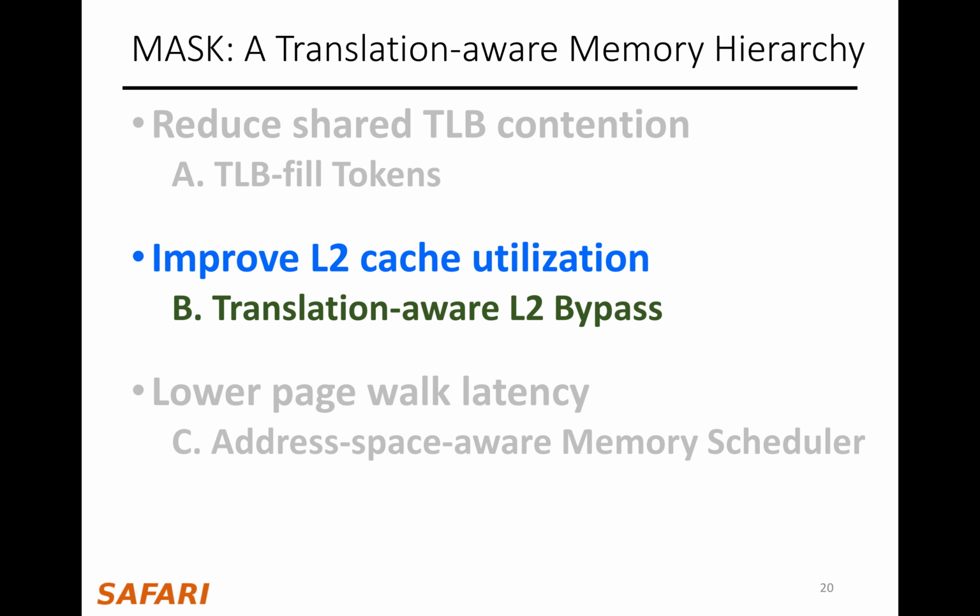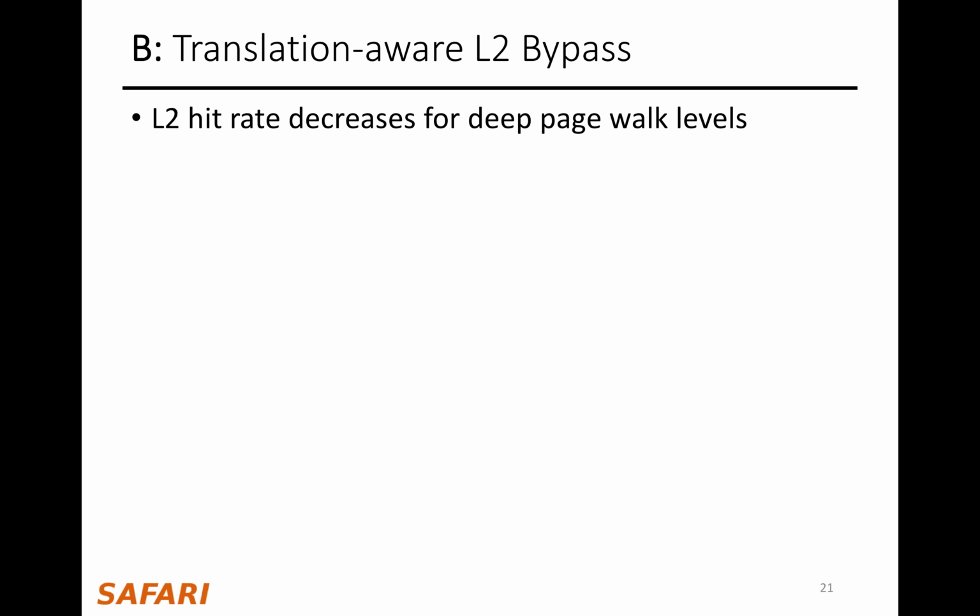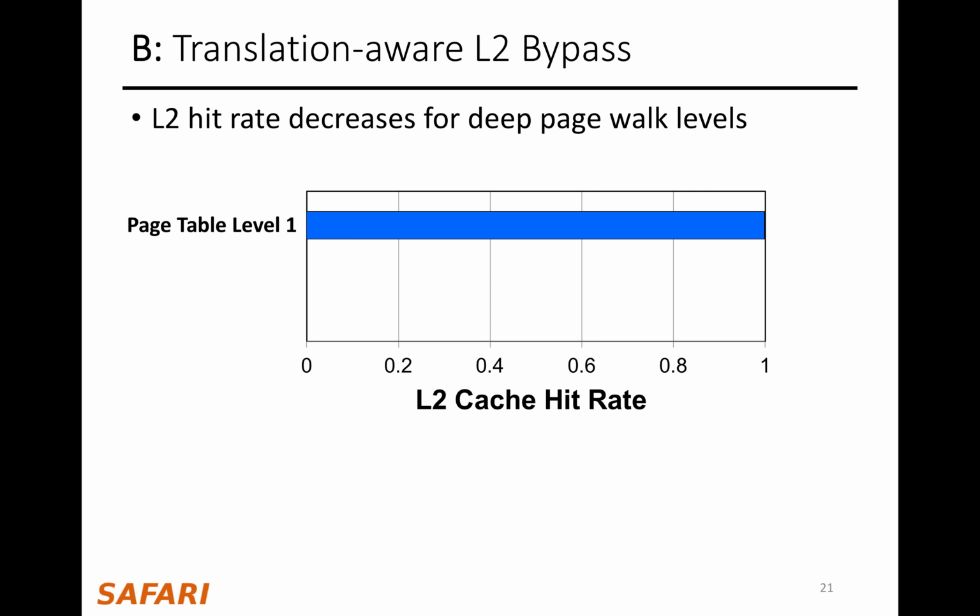The second component of MASK is called the translation-aware L2 bypass, which is designed to improve the L2 cache utilization. In order to design the translation-aware L2 bypass mechanism, we first look at how the L2 hit rate behaves at different page walk levels. On the x-axis, I show the L2 cache hit rate of multiple page walk levels.